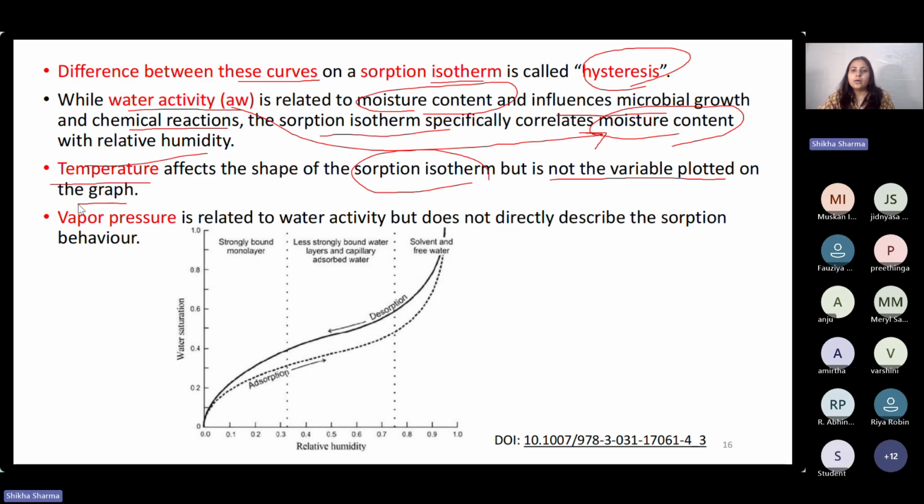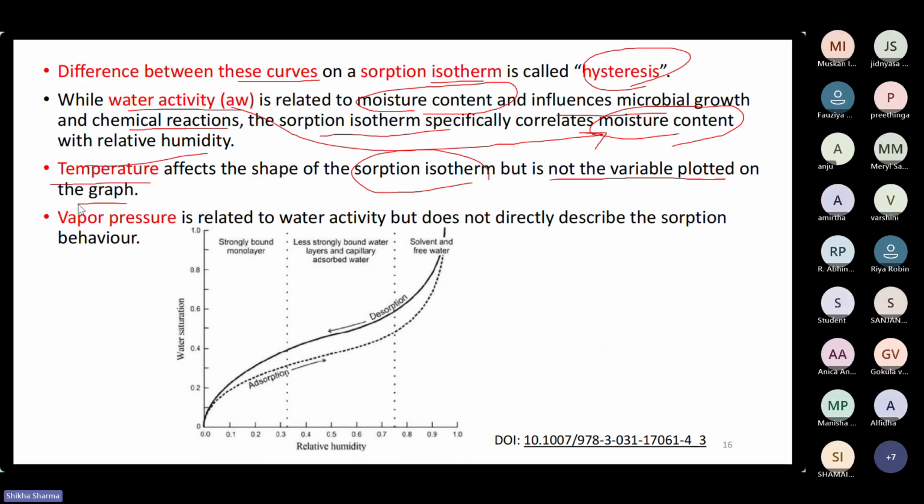But at the same time, we plot this graph at constant temperature, and we vary the relative humidity and measure how much water is absorbing or dissolving.